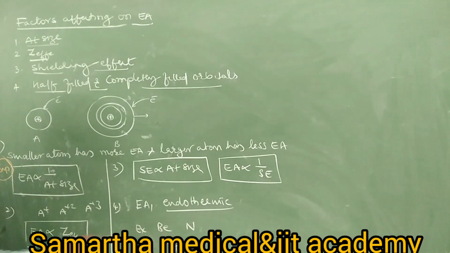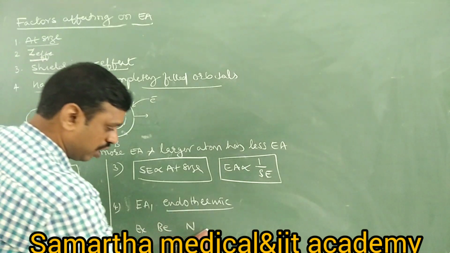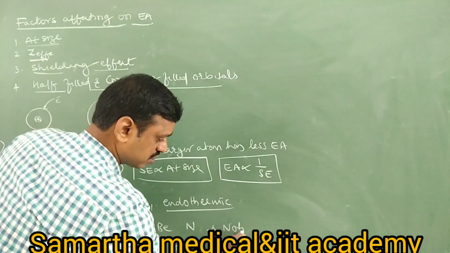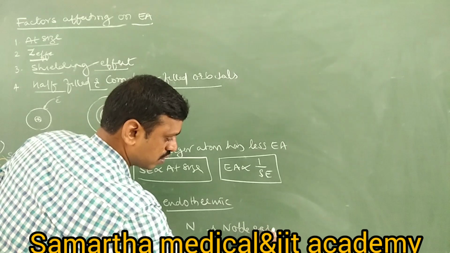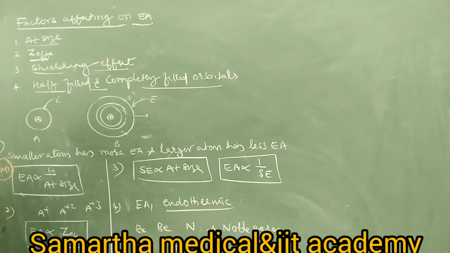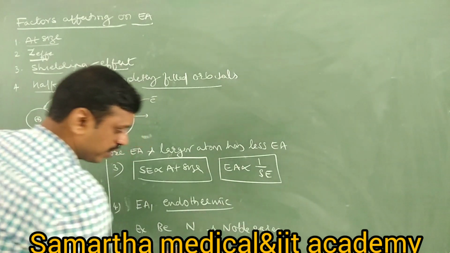So beryllium, magnesium, nitrogen and even noble gases have stable electronic configuration, therefore they have positive electron gain enthalpy. Important.